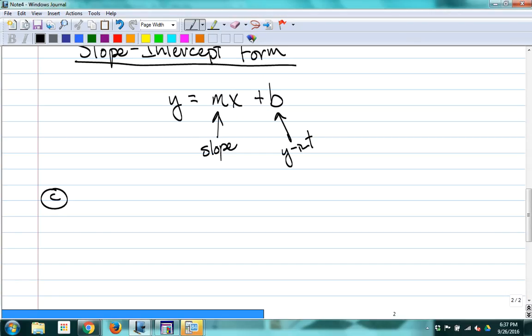They could tell you to write the equation of a line in slope-intercept form that goes through 0, 6 with slope -2. How do I know that 0, 6 is a y-intercept? Very good, Lindsay. 0 is in the x part, so that means that's on the y-axis. So that means b for this equation is what? 6.